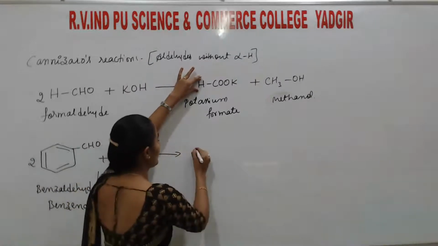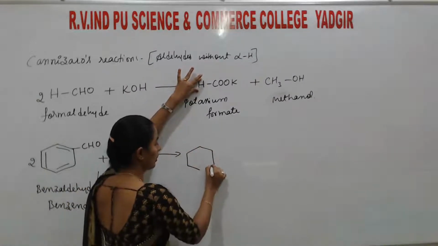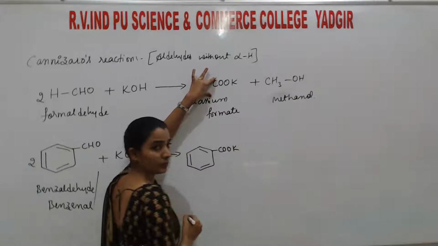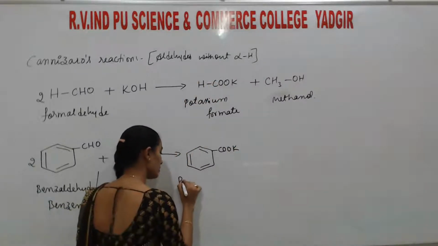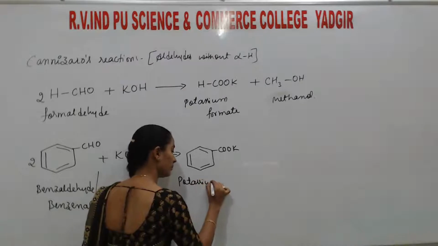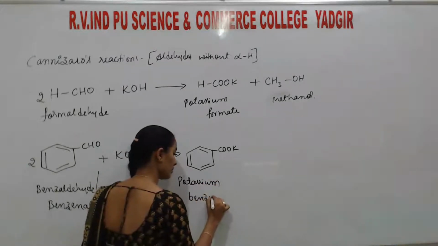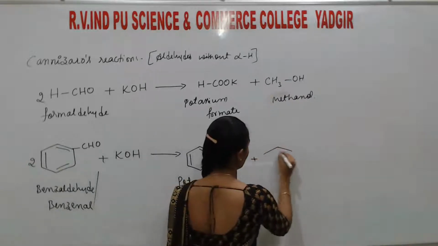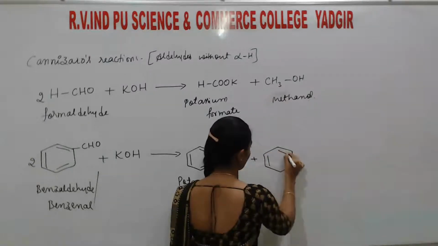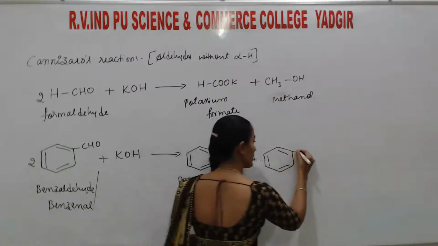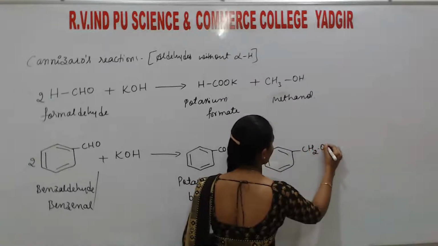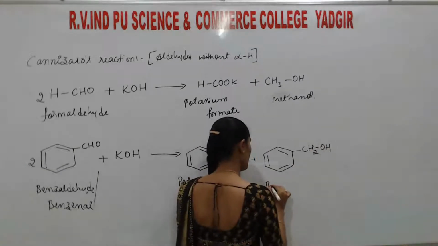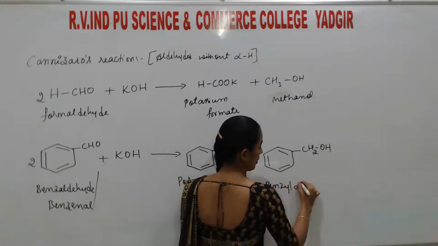In the place of H, the benzene ring is there, the R group, that is COOK. So this one is potassium benzoate. Next, of course, it forms CH2OH. So this one is benzyl alcohol.